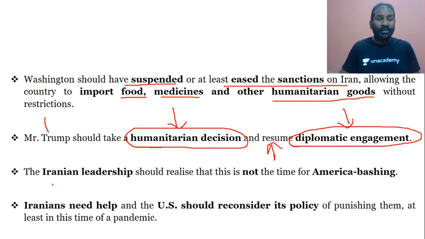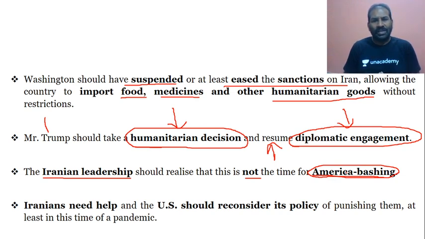And the way forward from Iran is that Iranian leadership should realize that this is not the time for America bashing. Because within the Iranian government, and also the supreme leaders there, have made statements that they are ready to go ahead with tit for tat, and they are totally ready to have that kind of America bashing.